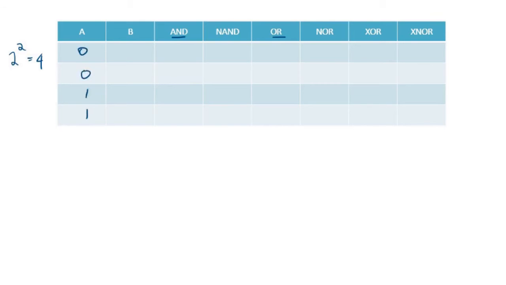And then for the A options of 0, my B's will be half 0 and half 1. And for the input of 1 for A, half of my B's will be 0 and the other half will be 1. It's fairly straightforward to write down all of the possible combinations when I have 2 inputs, but that idea of writing half of them as 0 and half of them as 1 is really useful once we move to 3 inputs and even 4 inputs.